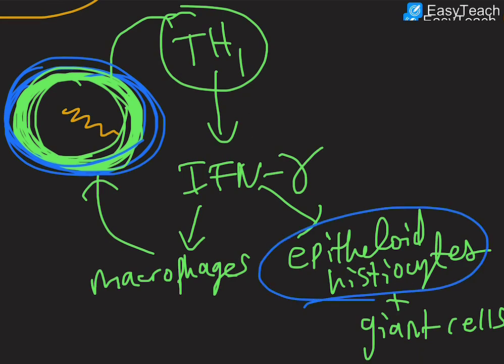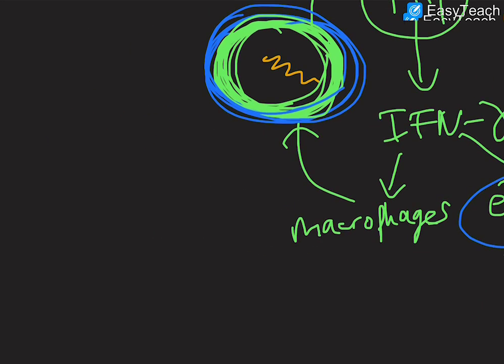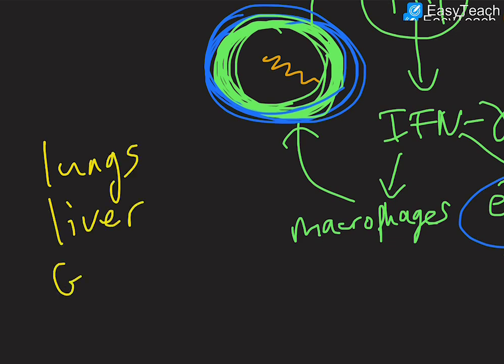And of course, we know if granulomas deposit into organs, that can damage the organs. So where can these granulomas deposit? The lungs, the liver, the GI tract, the skin, right?